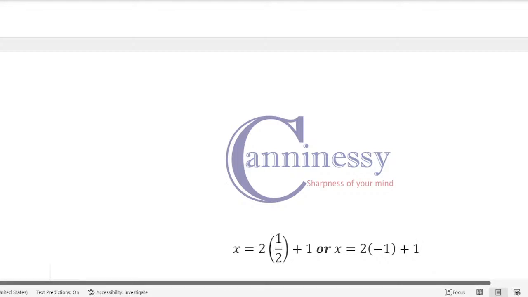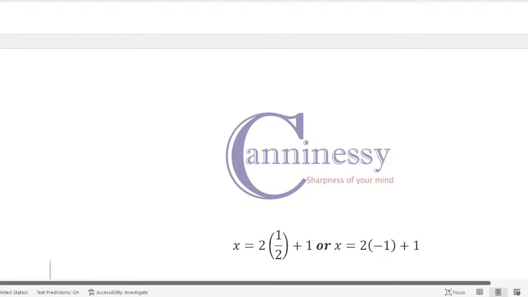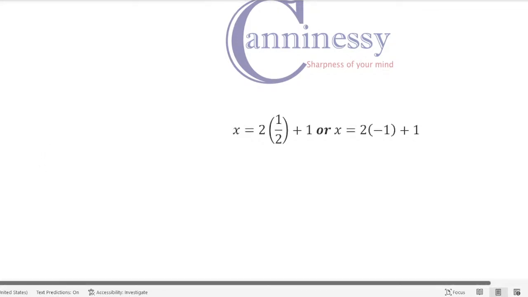Therefore x is equal to, so here 2 times 1 is going to be 2. 2 over 2 is 1. 1 plus 1 is 2.